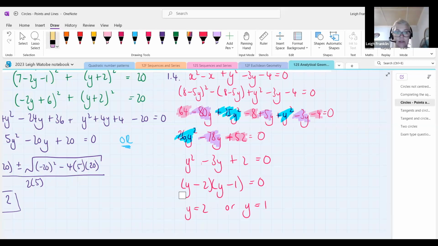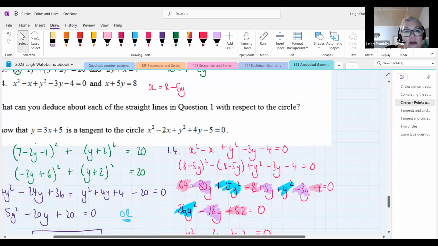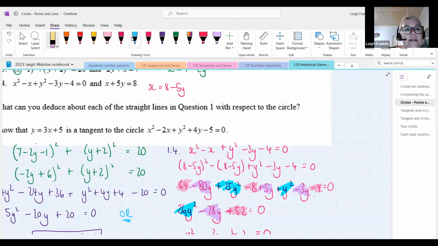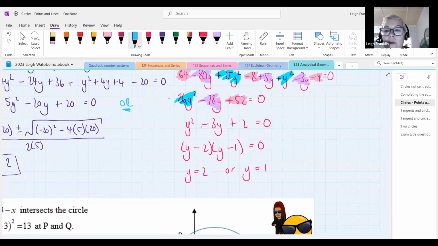Okay, so we've got two solutions for y. That means there have to be two solutions for x. So now we're going to go back. We're going to take this linear equation because it's the easier one to work with. x equals 8 minus 5y. So x equals 8 minus 5 times 2 is the one solution.